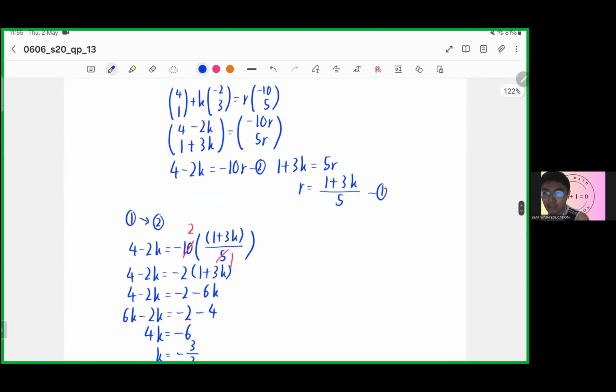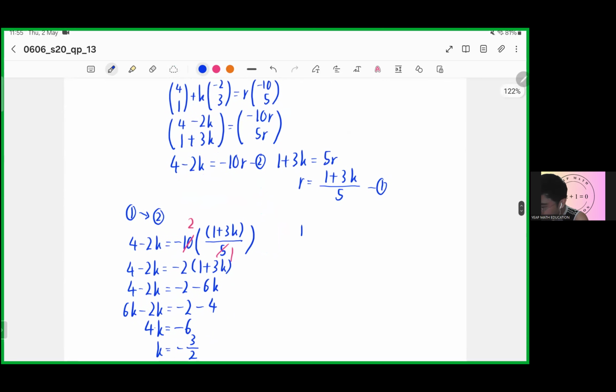After that, we can write r equals 1 plus 3 times negative 3 over 2, all over 5. Okay, negative 7 over 10.